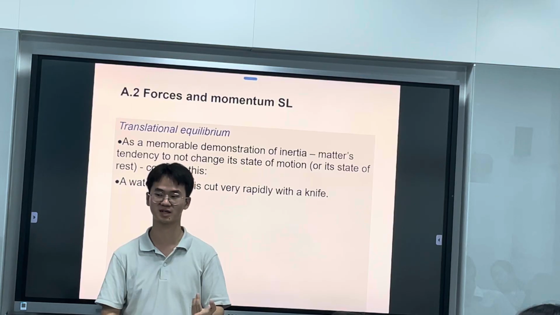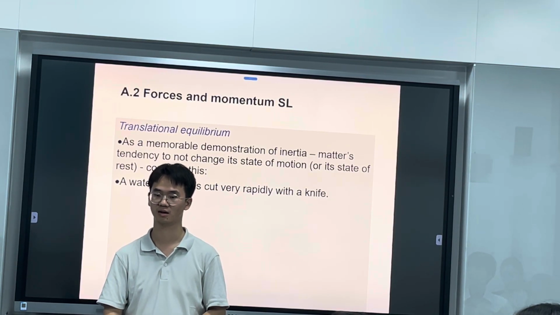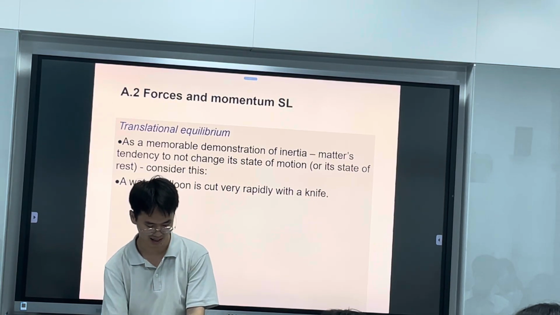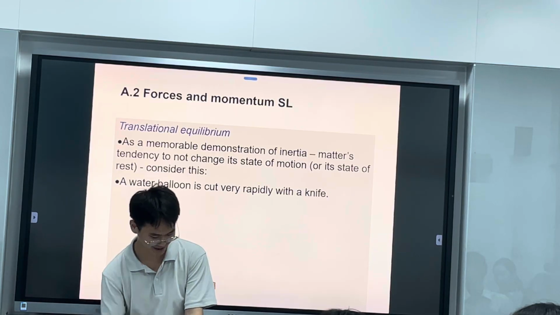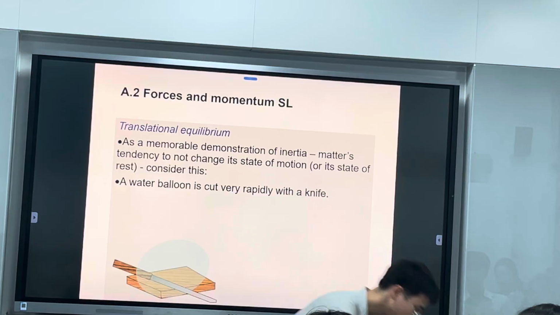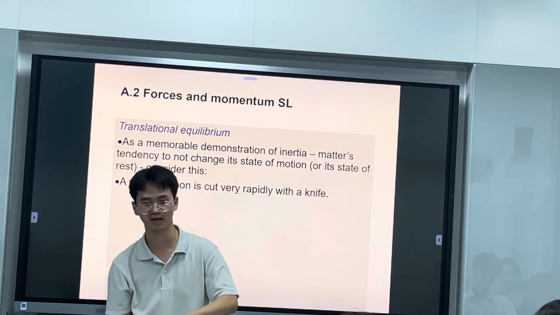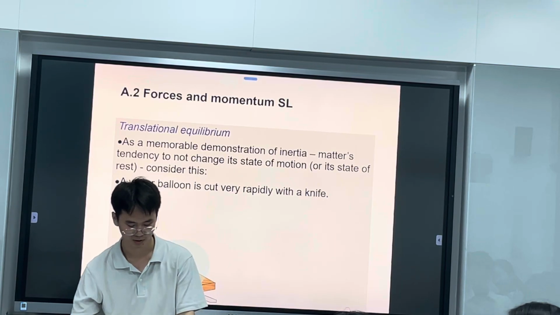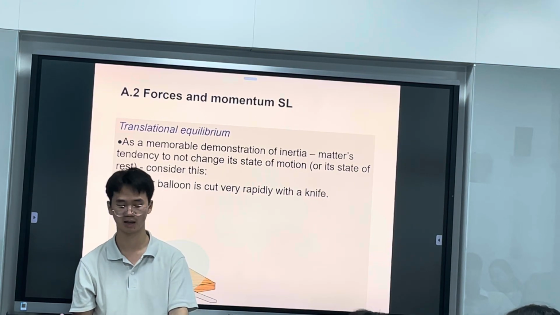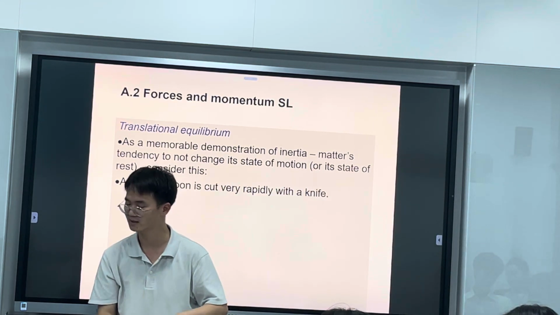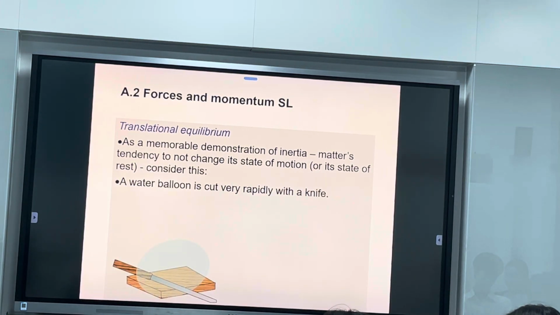Why does it not move together with the ruler? Because of its inertia. Okay, let's test if it really has inertia. 1, 2, 3. 1, 2, 3. So it falls into the cup, right? Alright, if you didn't see it clearly, I'll do it one more time. 1, 2, 3.